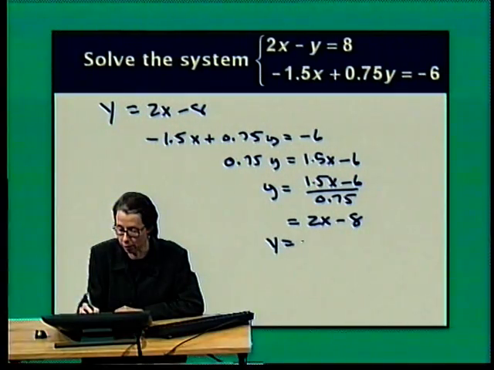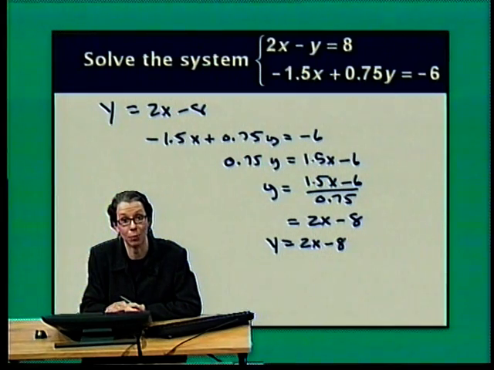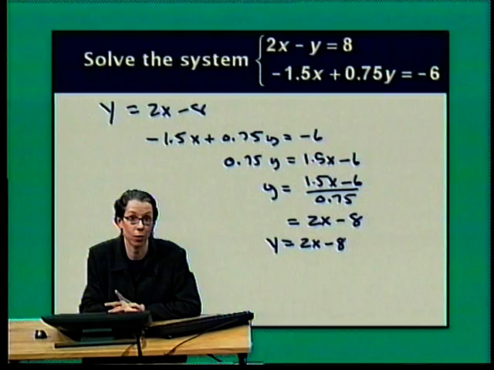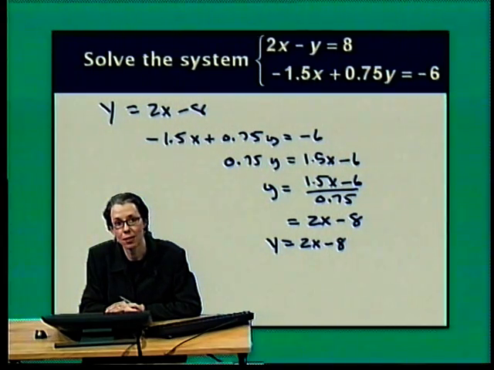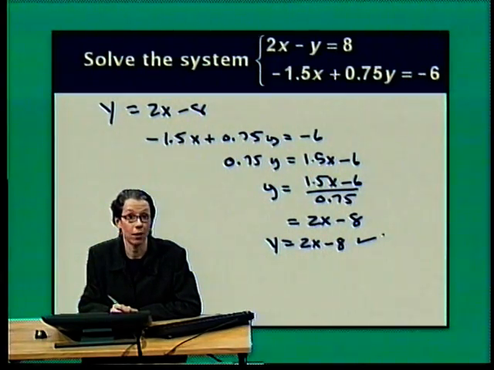Look at what I have here. Both of these equations graph to the same line. Any point on that line will satisfy both equations. This is a system of equations that has an infinite number of solutions, all the ordered pairs that lie on this line.